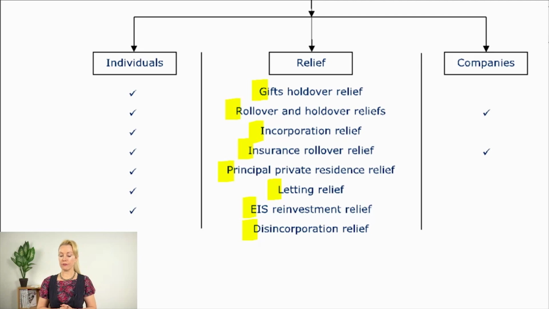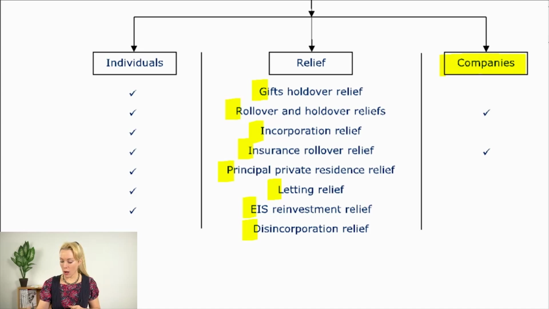So gift relief and rollover relief and incorporation relief and insurance rollover, principal private residence, letting, EIS reinvestment relief, and disincorporation relief.